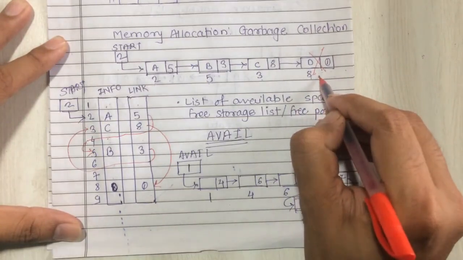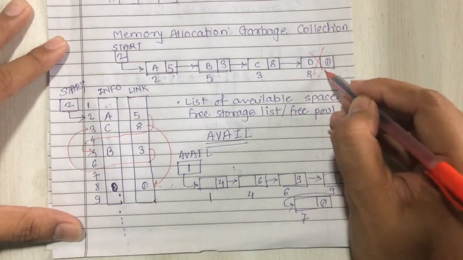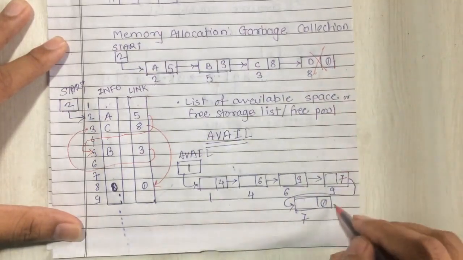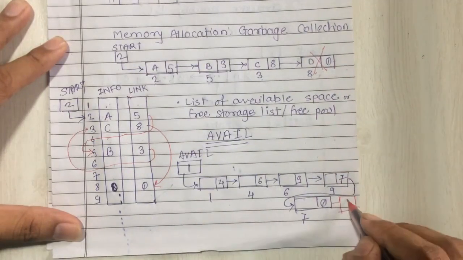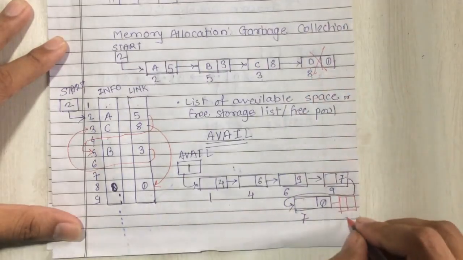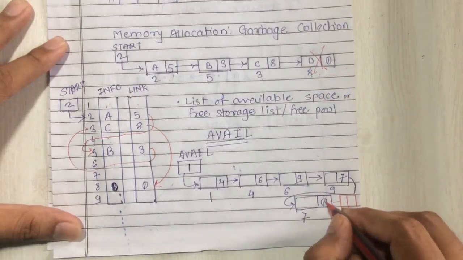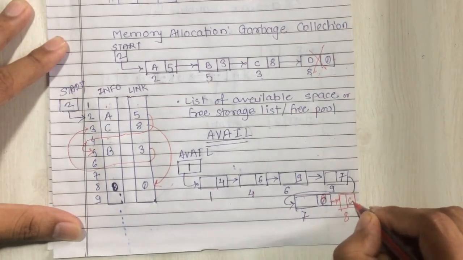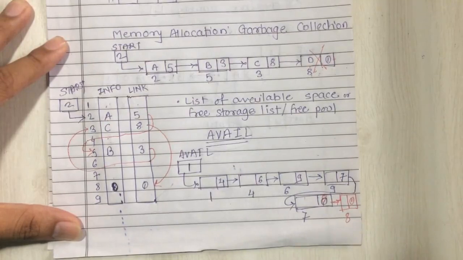So when it is unused, we simply have to connect this node to this avail list. So we'll add this node over here. The address of this is 8. So instead of 0, 8 will come over here, and this gets connected over here, and this is the last node, so we'll simply put 0 over here.